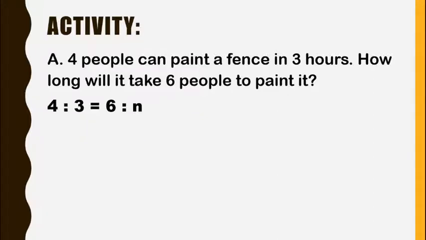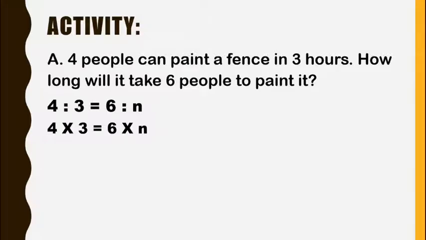The first thing we need to do is to multiply the extremes and means directly. So 4 times 3 equals 6 times n. I put n as the unknown number because we don't know yet how many hours we can spend if we have 6 people painting.